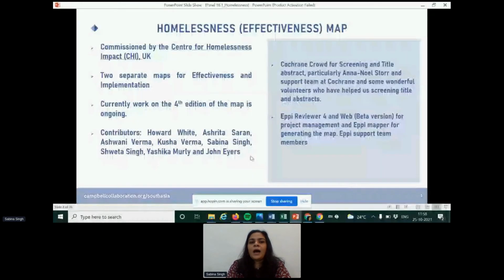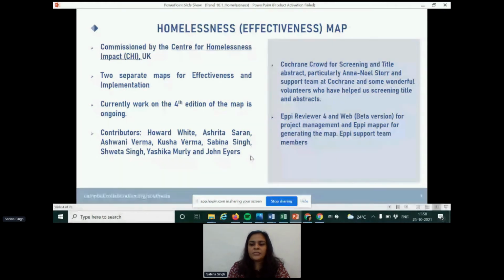So this map, the homelessness effectiveness map, was commissioned to us by the Centre for Homelessness Impact UK. They actually commissioned two different maps, one for effectiveness, another for implementation. And the two maps cater to two different questions. The effectiveness map is concerned with what works.